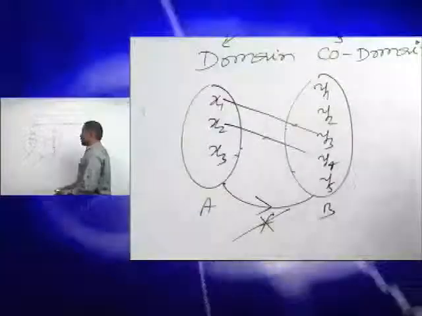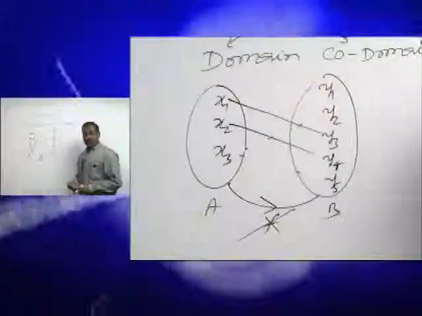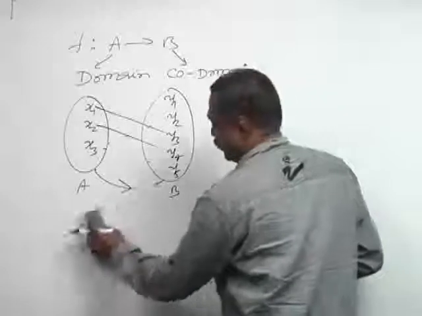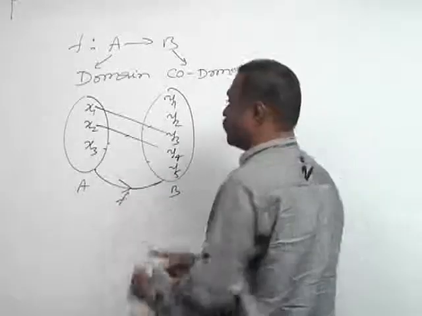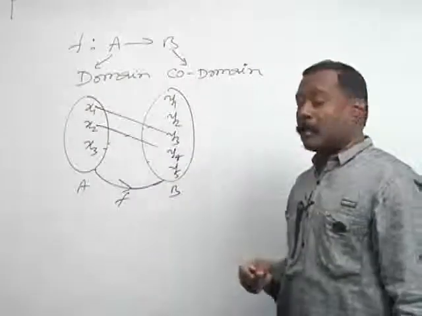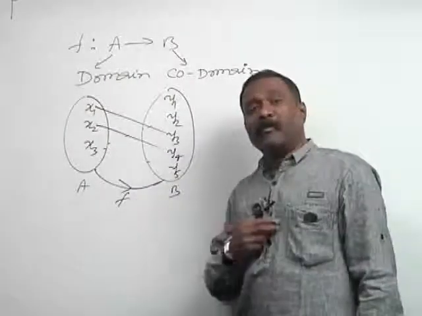Now, our interest is in permutation. Using permutation, can we write the number of functions? If f is defined to be a function, can we write the number of functions?